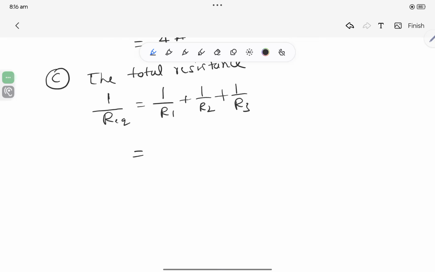Here R1 is 5 ohm, R2 is 10 ohm, R3 is 30 ohm.